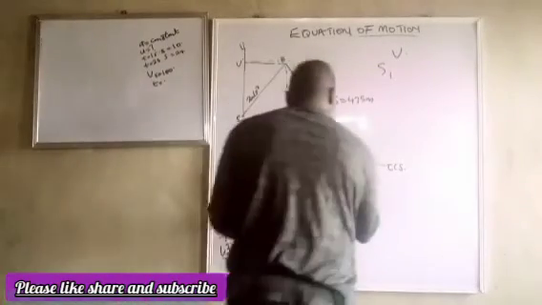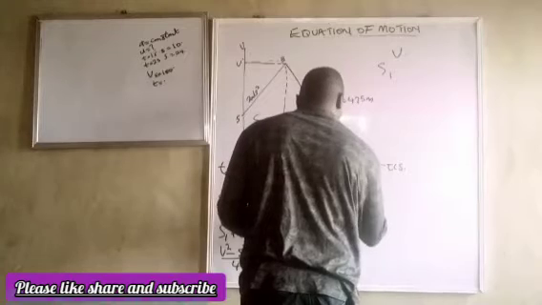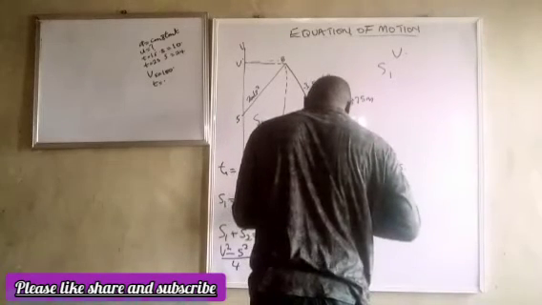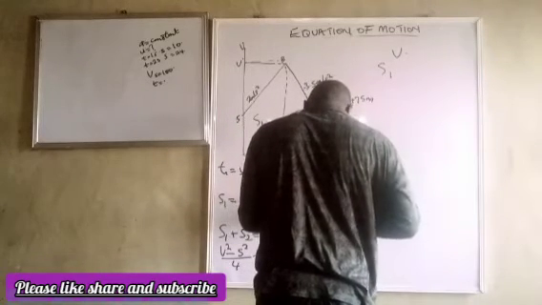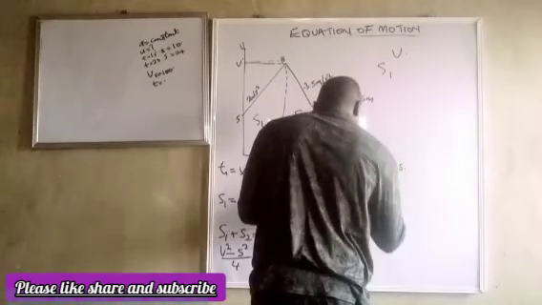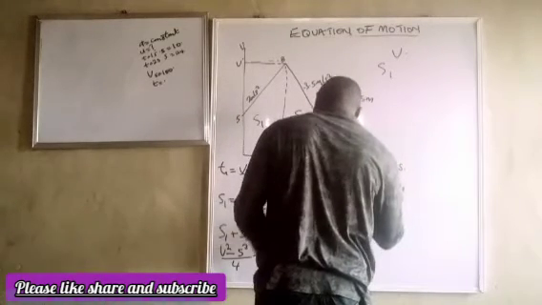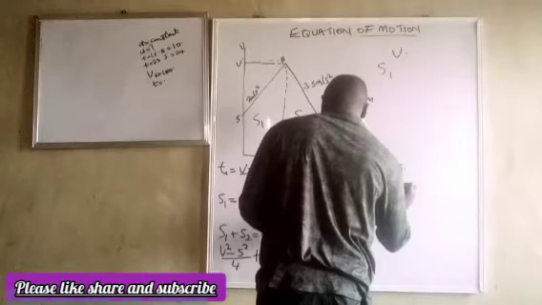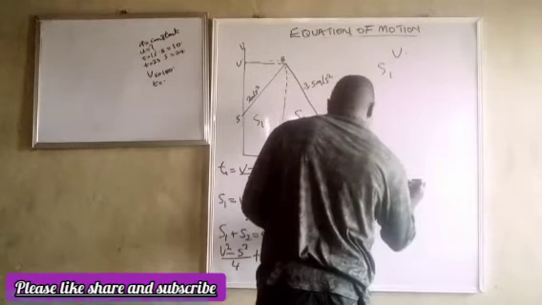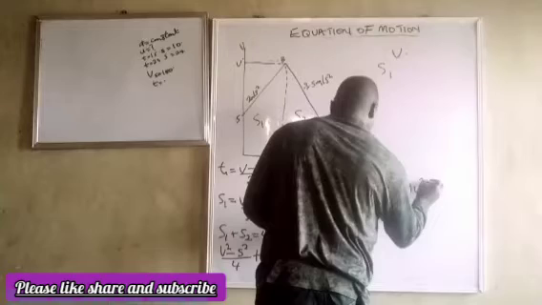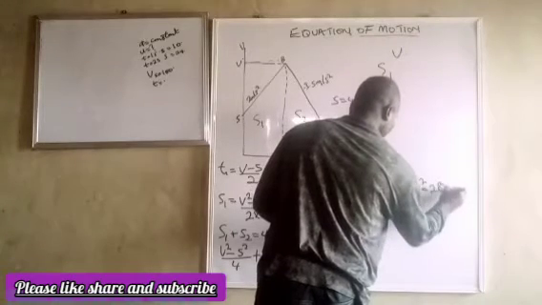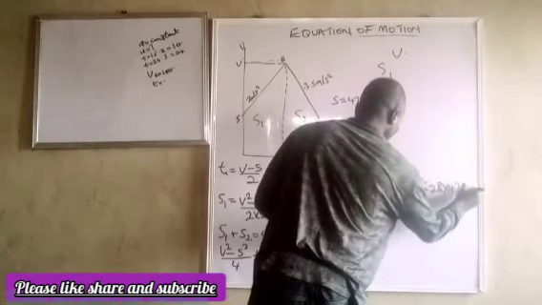Now, so I have 7V squared minus 25 times 7, 175, plus 4V squared is equal to 28 times 475.